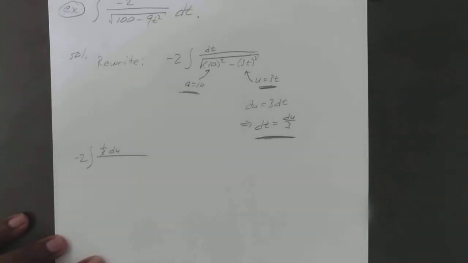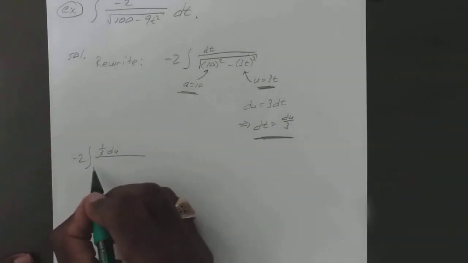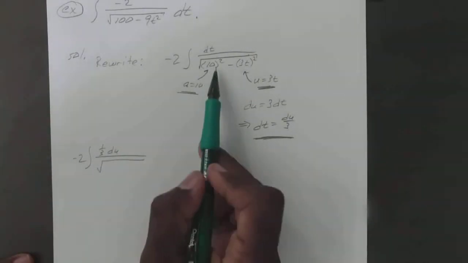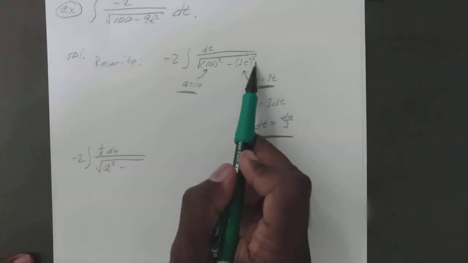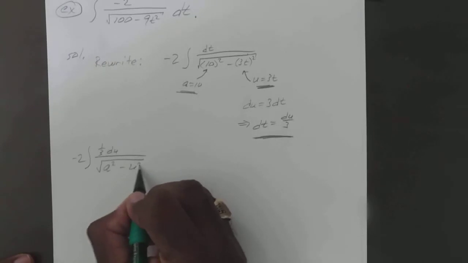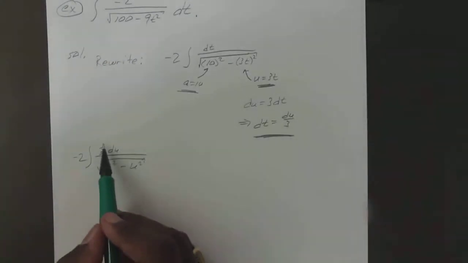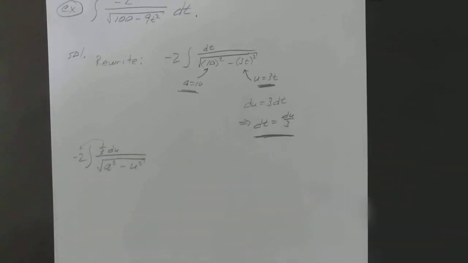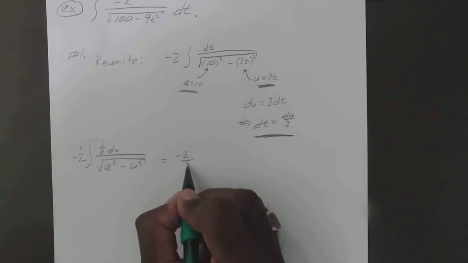All right, so we just get our original equation. And don't forget your -2. Your dt, remember that's du over 3. Or you can write it as 1/3 du. Okay. Square root, we have 10 squared, so we have our a squared.